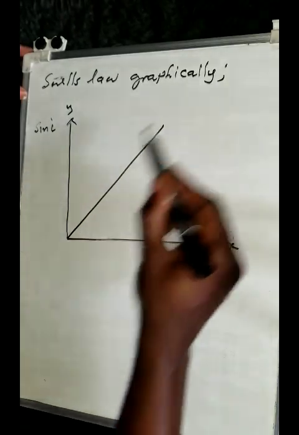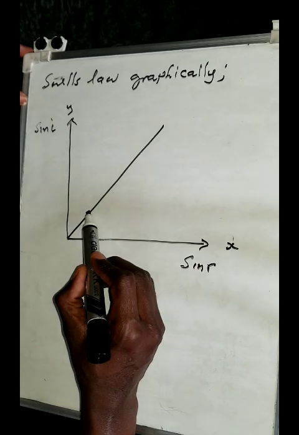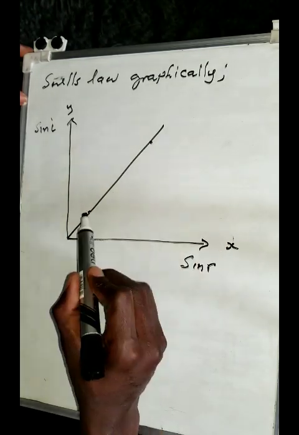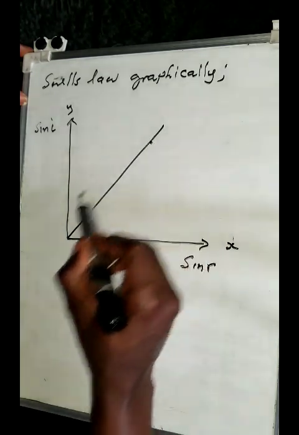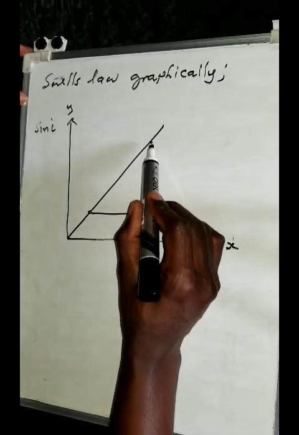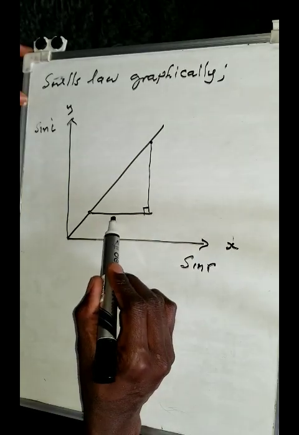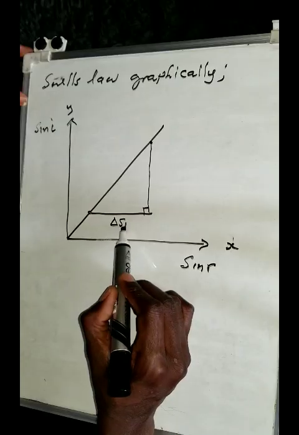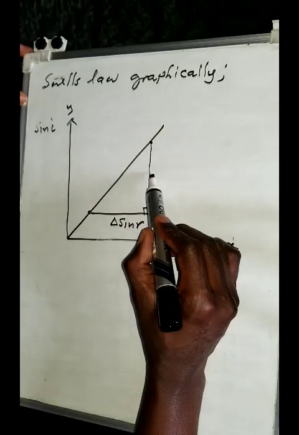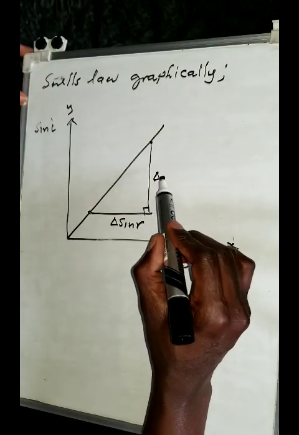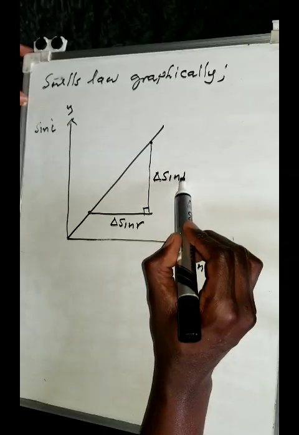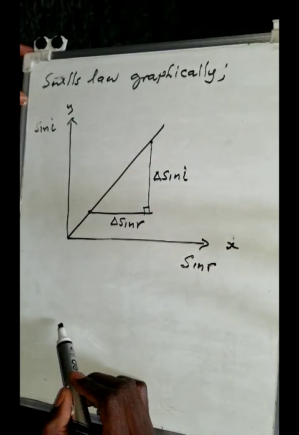Now if you get a straight line of best fit, you can find the gradient by taking 2 points along that line. The way we do that, that is the change in the x value, in this case change in sine R, and there that is the change in the y value, that is change in sine of the angle of incidence.